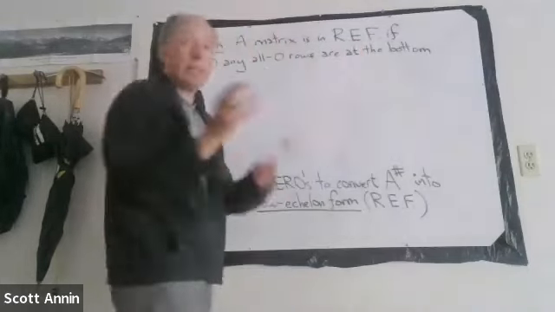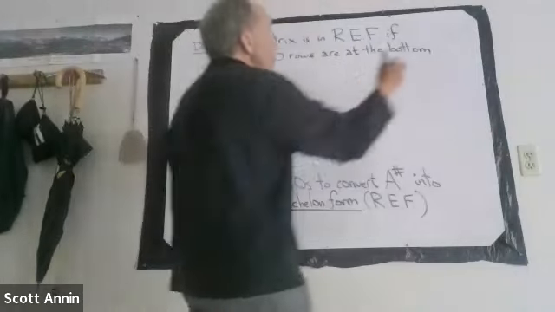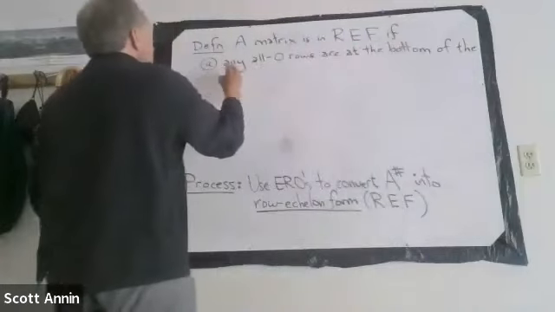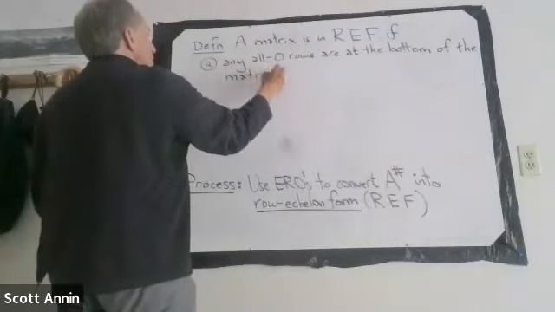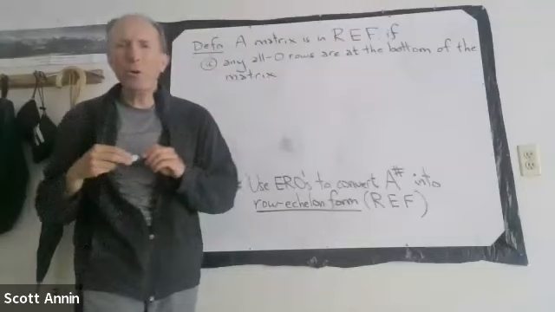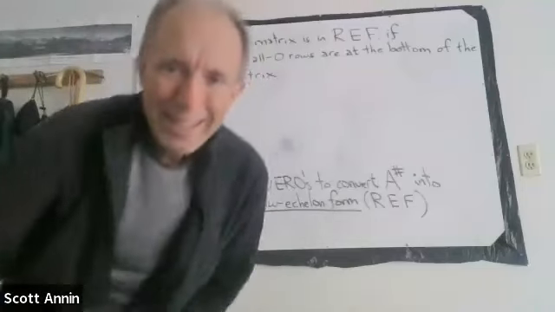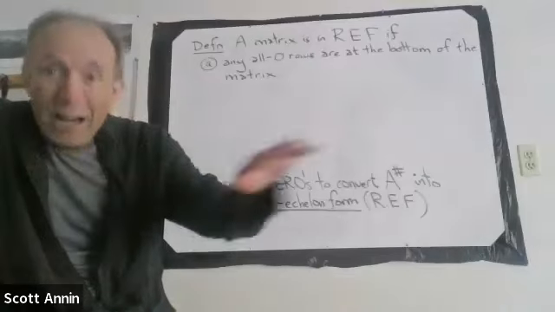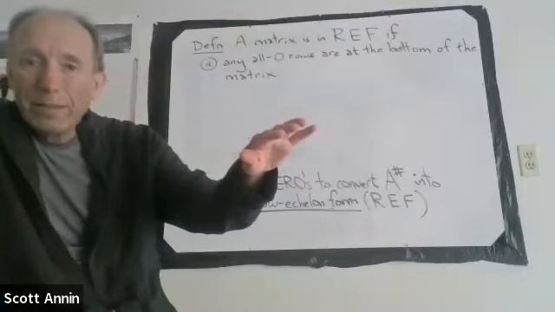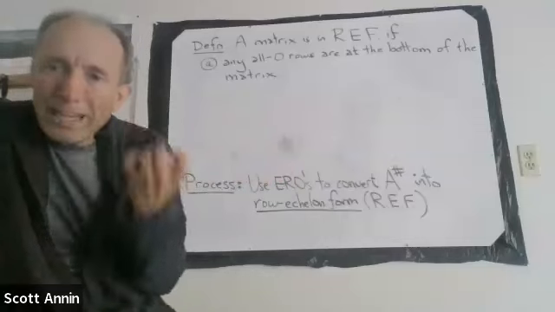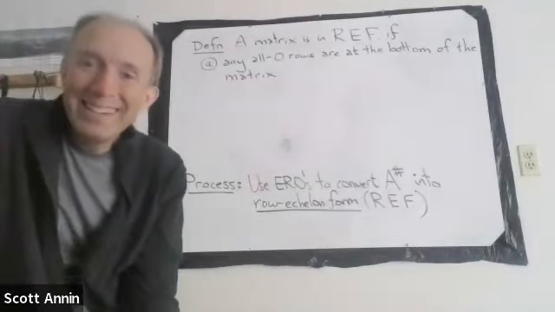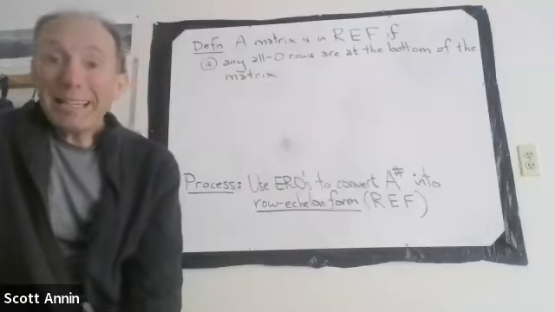So if we happen to have any rows that are just all zeros, we put them at the bottom of the matrix. So imagine though that we have a linear system where we have a row of zeros that's not the bottom row of the matrix. How could we get it to become the bottom row of the matrix? That would be the question, right? Can we do something to make that happen?